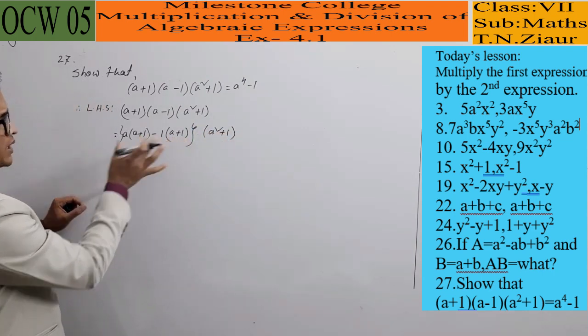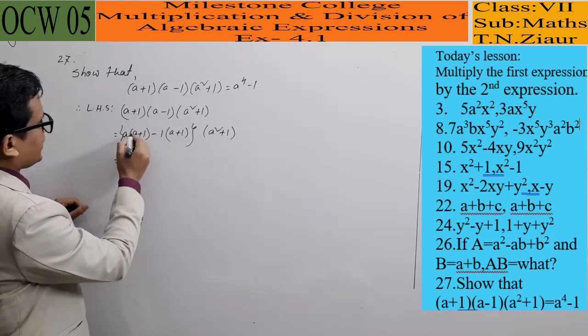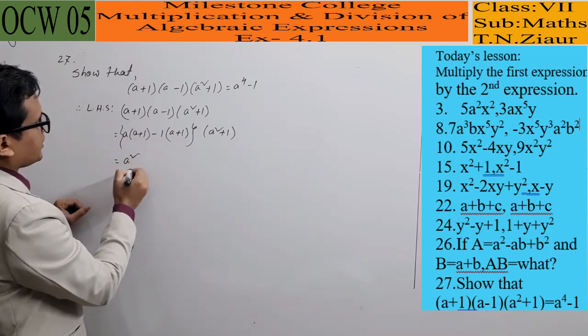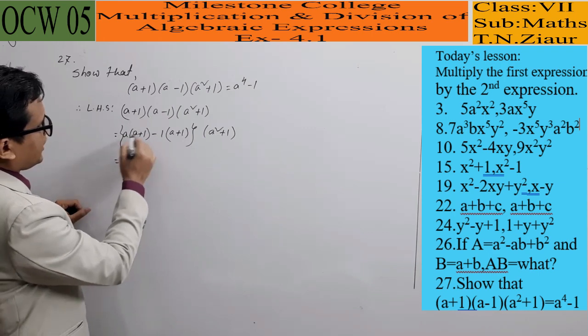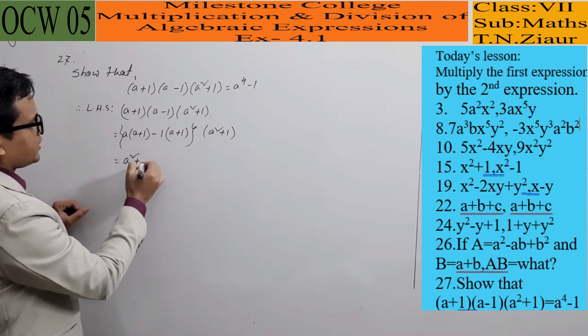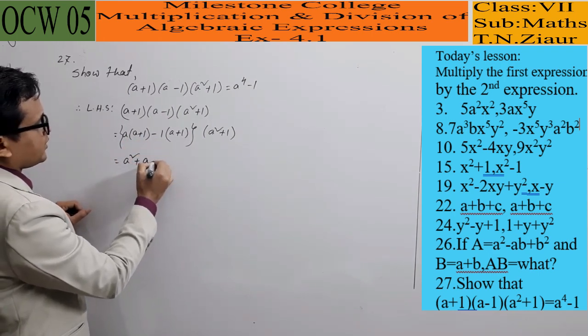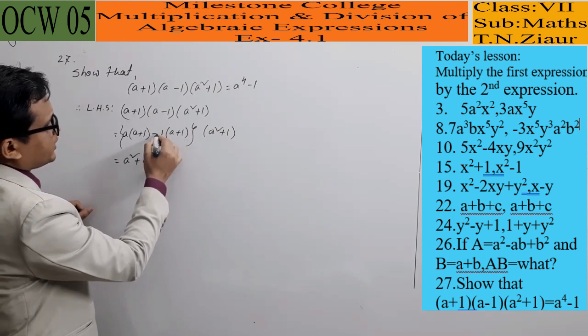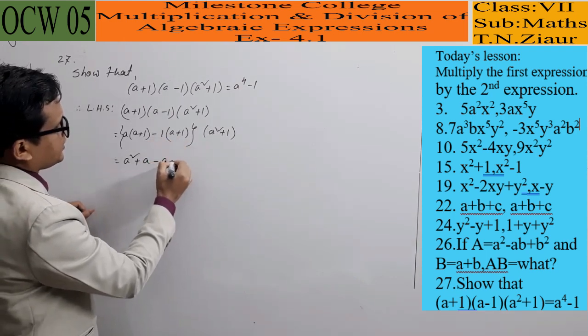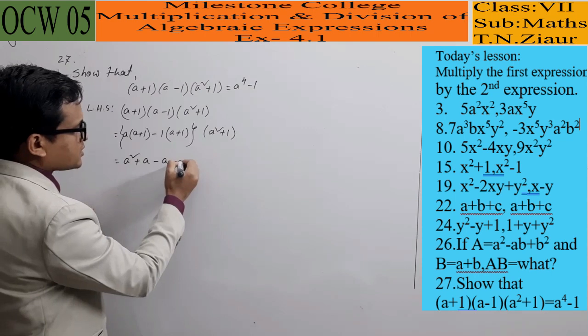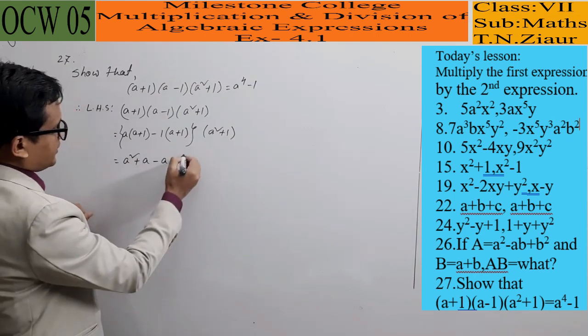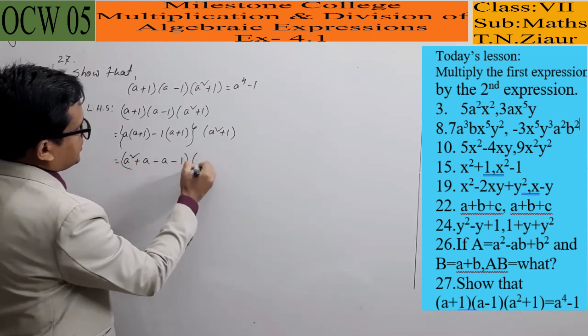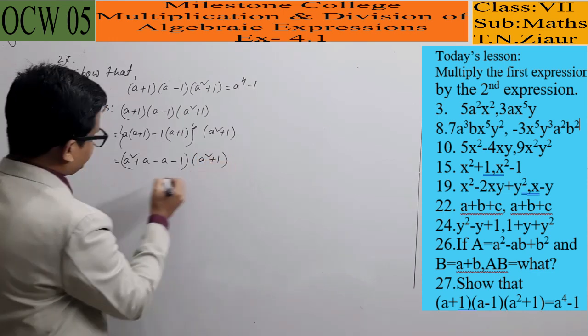So first we multiply: a into a is a square, a into 1 is a. This one is minus, so minus a, and plus minus minus is also minus, so minus 1. So write a square plus 1.